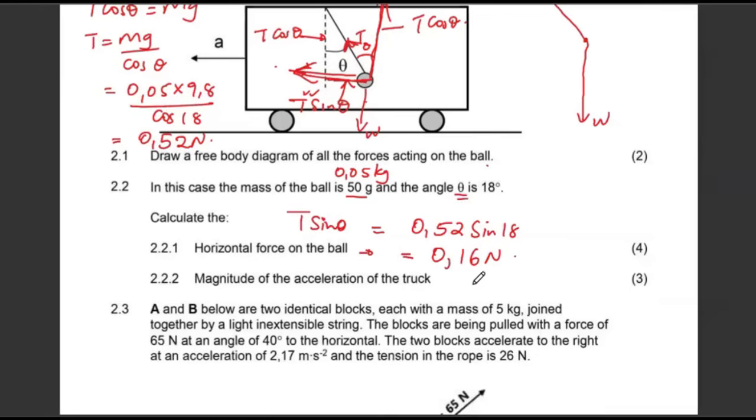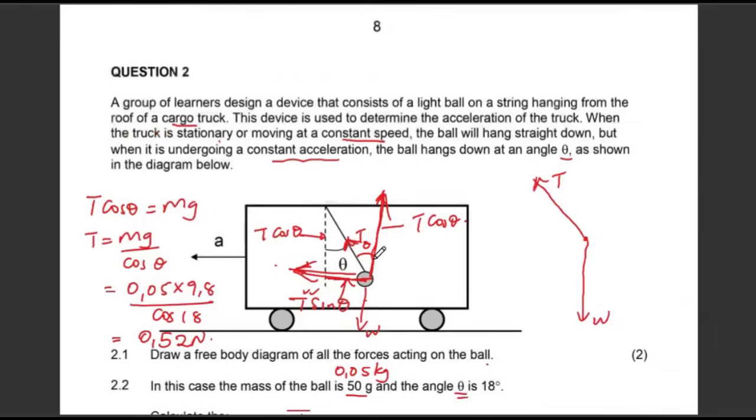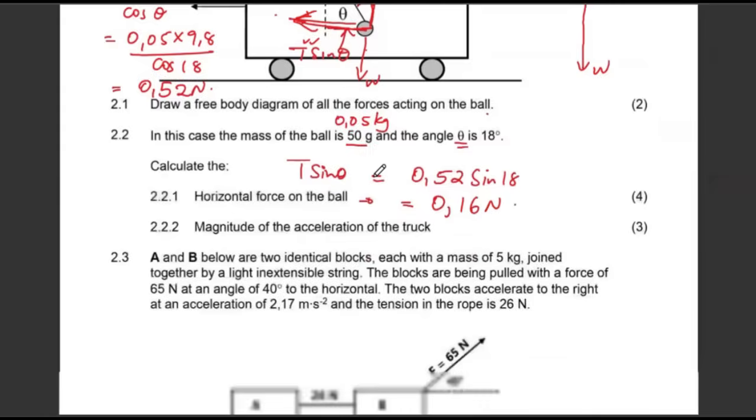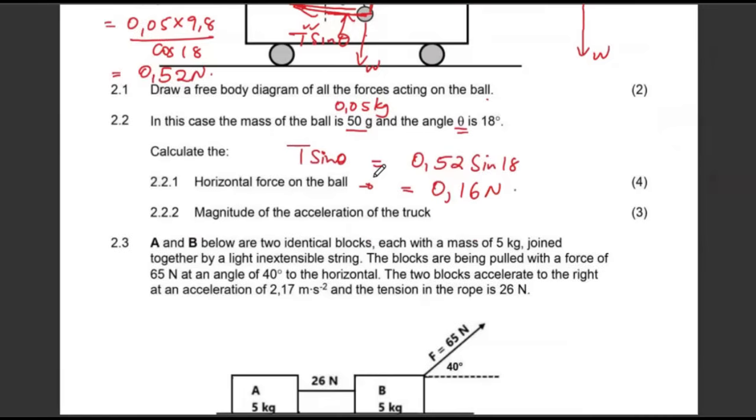Then 2.2.2, they want the magnitude of the acceleration. Now, one thing we need to know: is there friction on this? Because it says determine the acceleration when the track is stationary or moving. The question never talked about anything to do with friction, meaning that I can use my F net and say that my F net is equal to ma. So what is our net force?